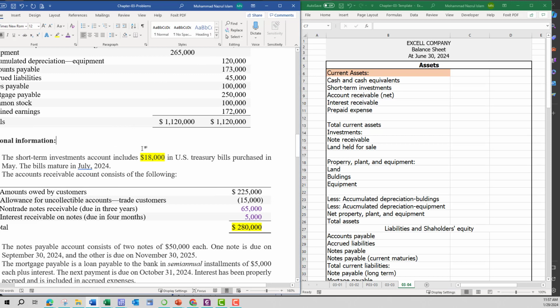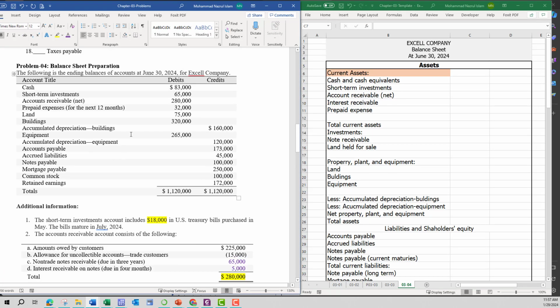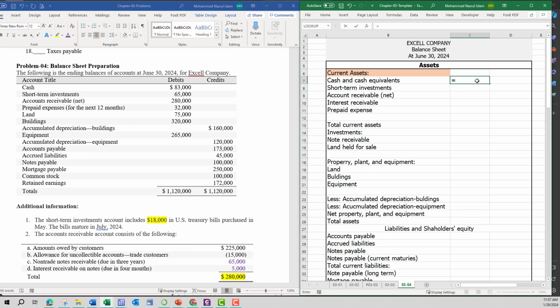I will go step by step. I have already written some of it because it takes time to write. Let's see the cash and cash equivalents. It would be equal to 83,000 plus this 18,000 treasury, meaning it is included in that. Then short-term investment.